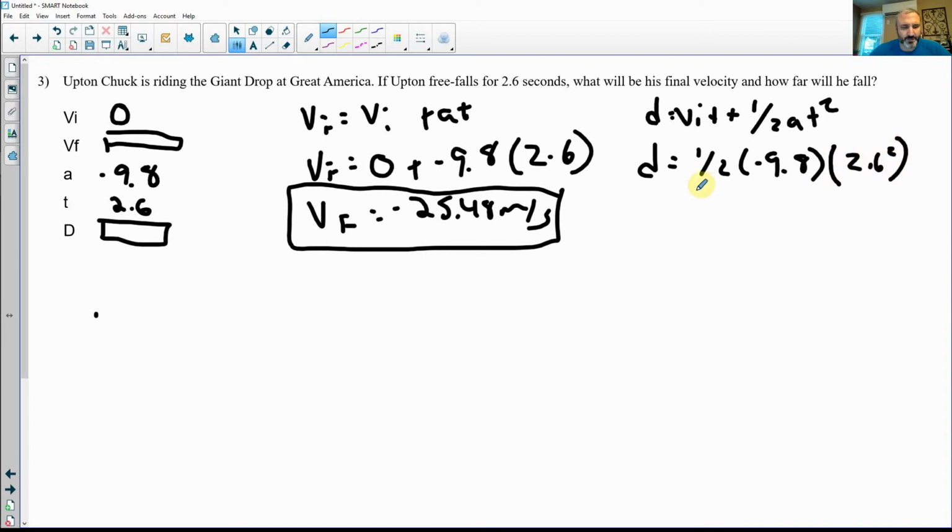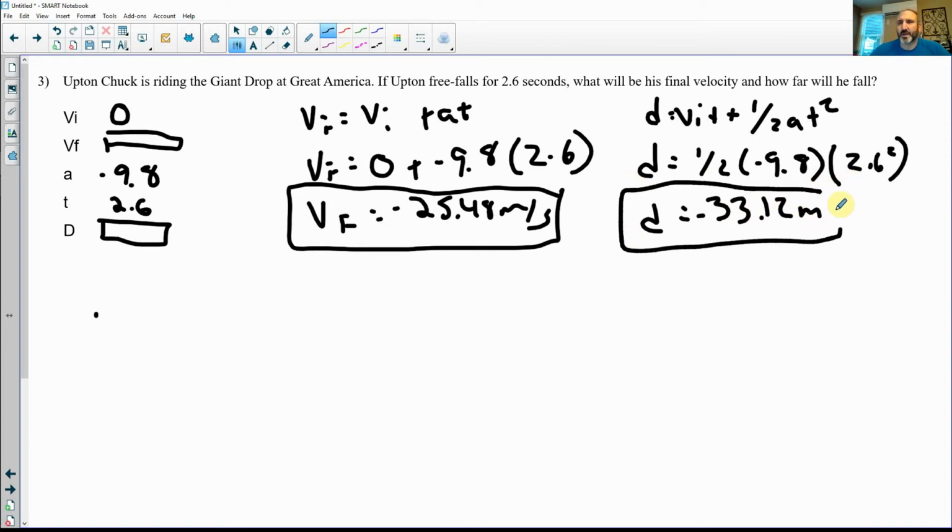So 2.6 squared is 6.76 times negative 9.8 is negative 66.24 times 1/2 is a D of negative 33.12 meters. So those are the two answers for that question. Final velocity and displacement.